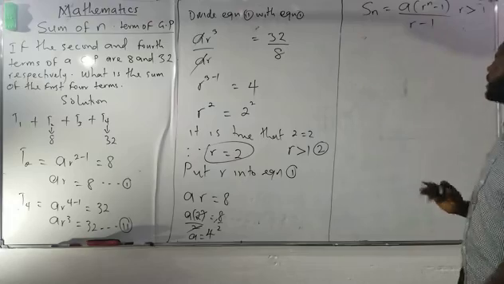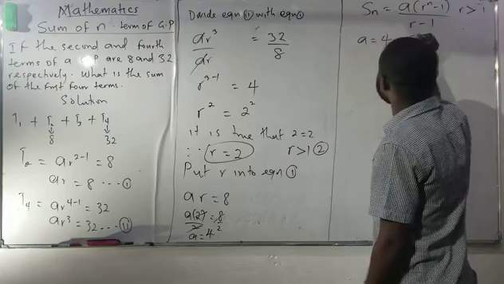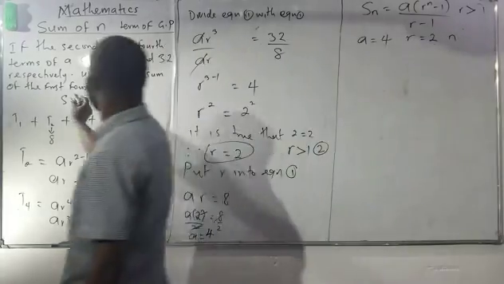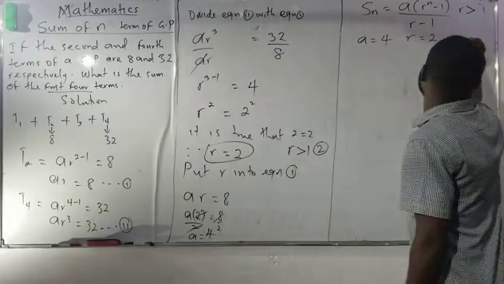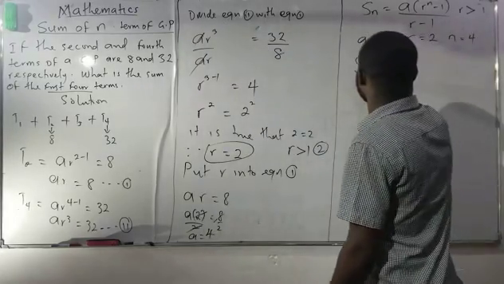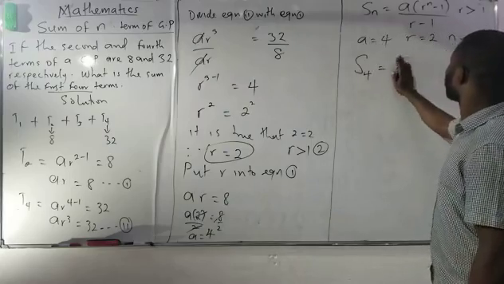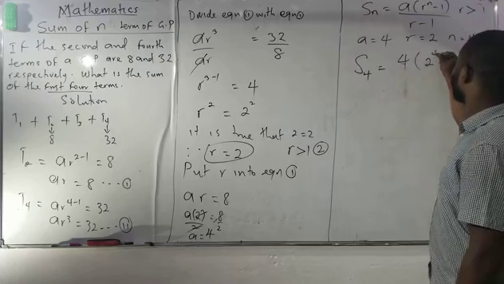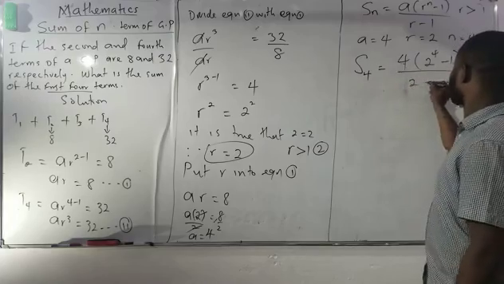Now, since my r is greater than 1, I can answer that my a is 4, my r is 2, and my n, because you have to find the sum of the first 4 terms, is going to be 4. It means the sum of 4 will be equal to 4 bracket of 2 raised to power 4 minus 1 divided by 2 minus 1.